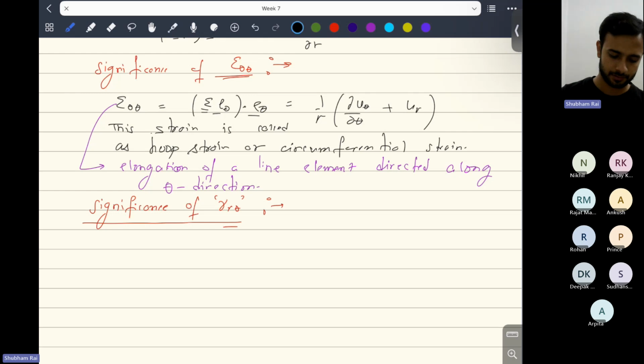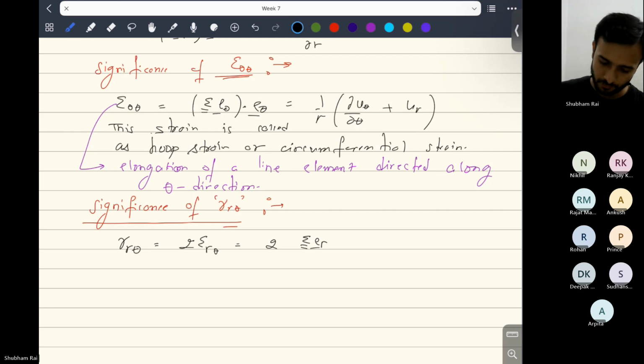So gamma r theta is twice of epsilon r theta. And twice of epsilon r theta is given by, firstly you will take traction on the theta plane in r direction.